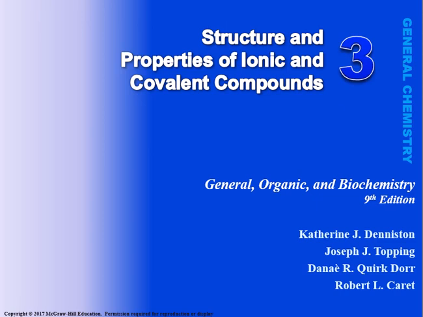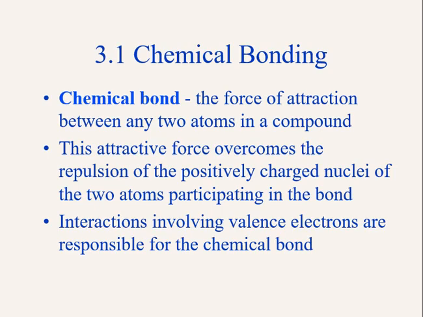Compounds are where you have two or more separate elements combined chemically to form a new compound with totally different physical and chemical properties. Now, whenever two different elements combine, they are going to form a chemical bond.